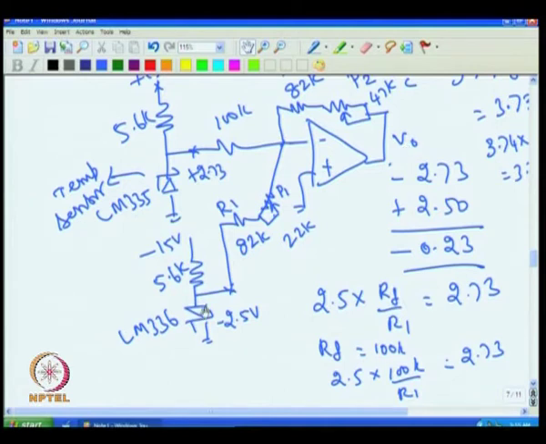So, the Zener drift alone contributes 0.75 degree temperature error in this example. Here we assumed this and this ratio is 1. If the ratio is different, say 1.1, then I have to multiply 7.5 into 1.1 and put it here, but we have taken it as close to 1. So, you may have 0.75 degree error.